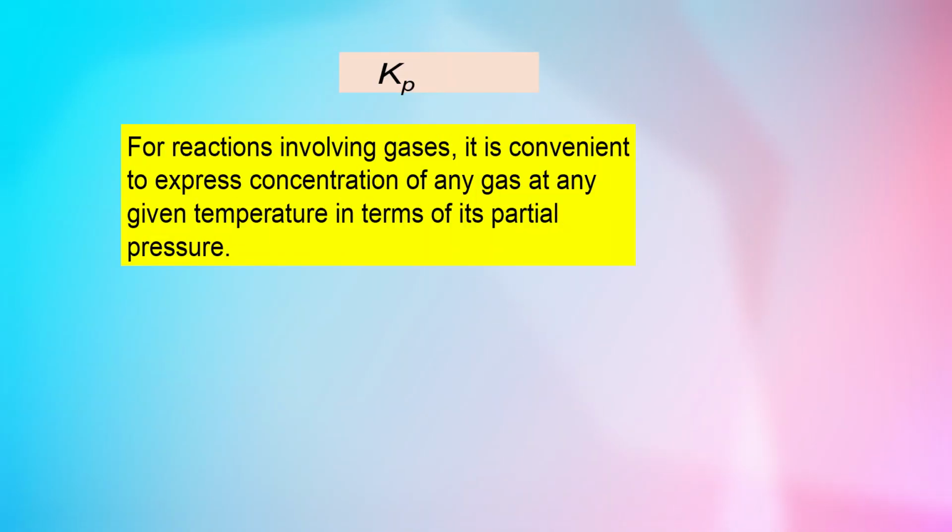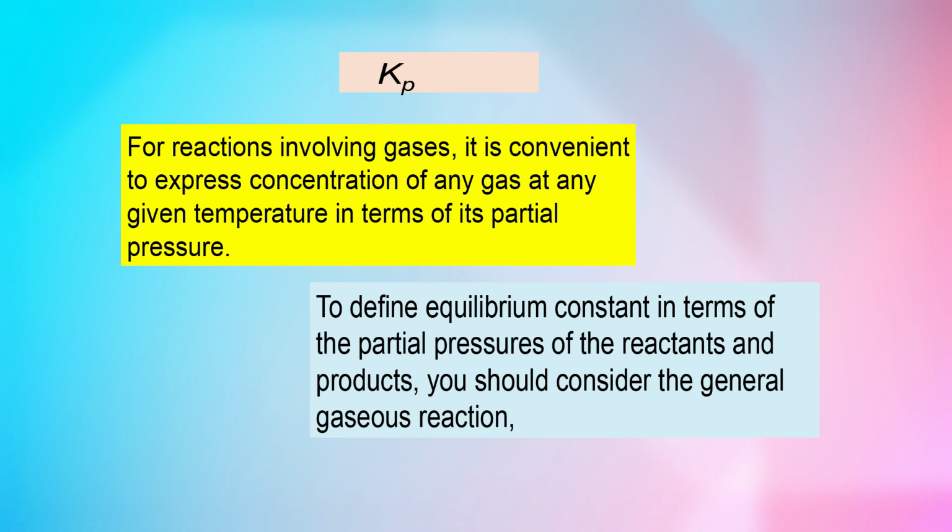For reactions involving gases, it is convenient to express the concentration of any gas at any given temperature in terms of its partial pressure. To define the equilibrium constant in terms of the partial pressures of the reactants and products, you have to start with this equation number 14, which is shown here. And again I repeat, these stoichiometric coefficients are there here.